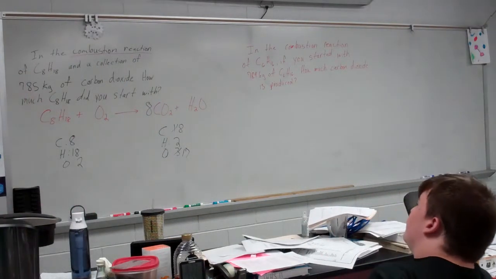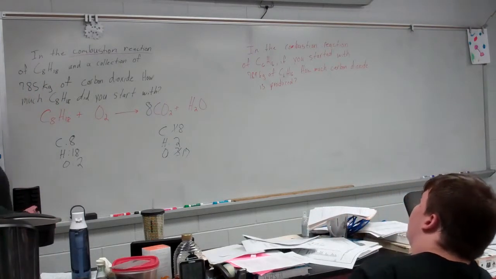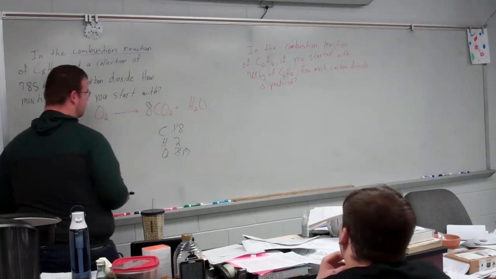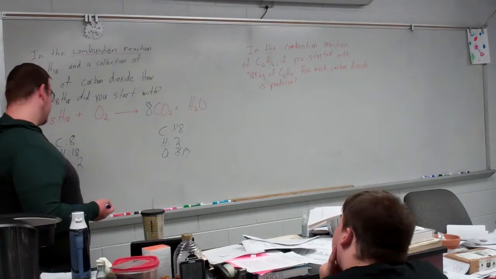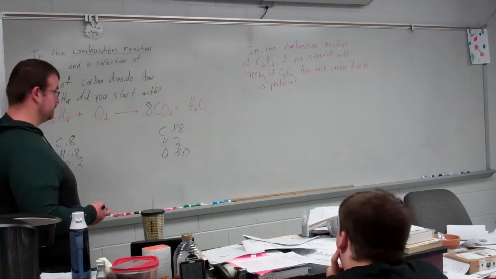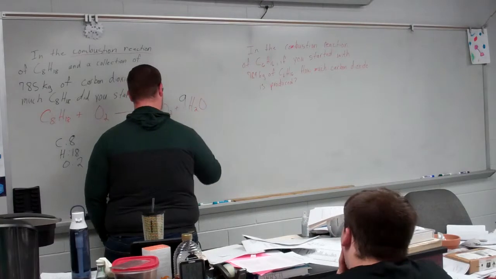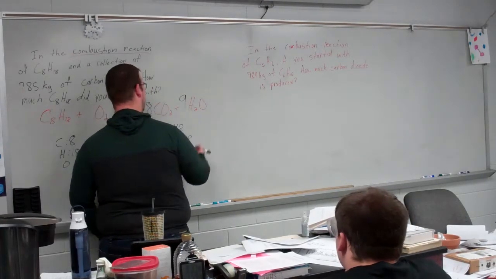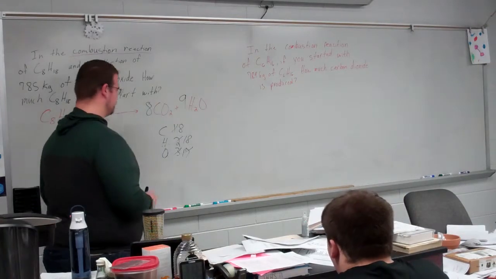Alright, everything else is balanced except for hydrogen and oxygen, so let's now balance the hydrogens. I have 18 hydrogens on the left and 2 hydrogens on the right. How can I get 18 hydrogens on the right? Put a 9. 9 times 2 is 18, gives me 18 hydrogens, but oxygen's in water, so now we've changed the oxygens again.